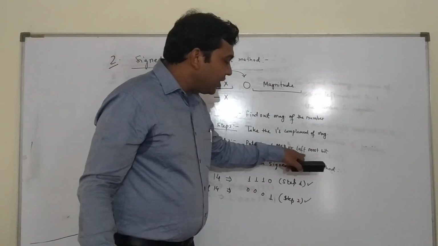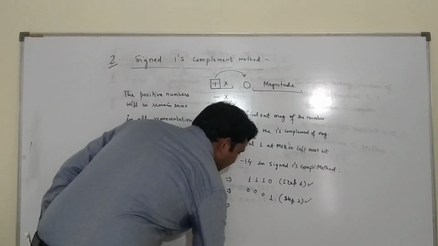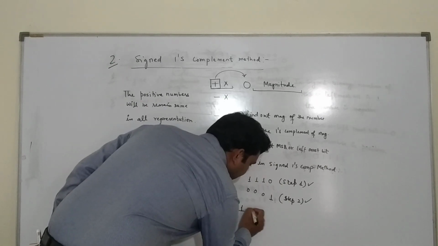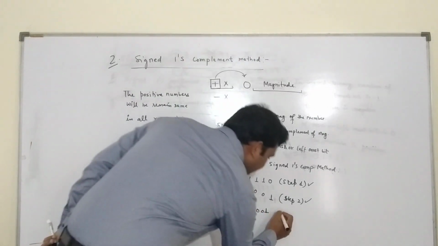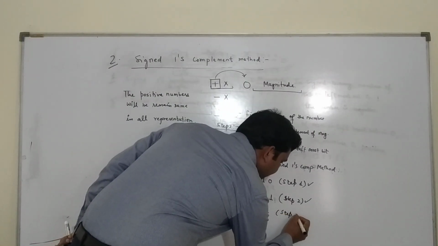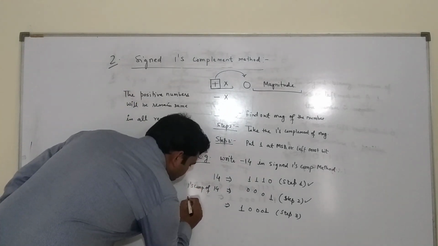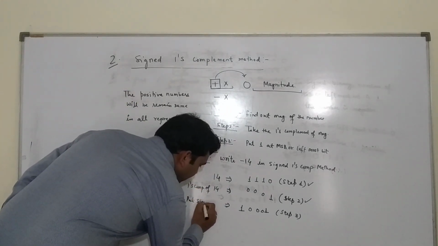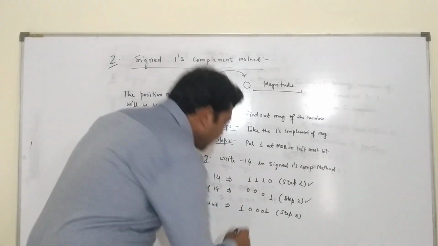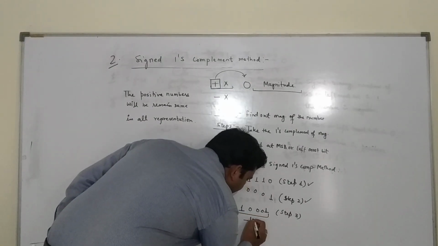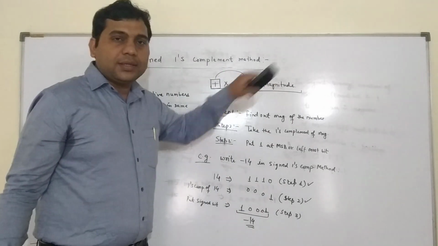Step number 3 is put 1 at MSB or leftmost bit. Put 1 and then the rest of the number like this. So put the sign bit. This is minus 14 in signed ones complement method.